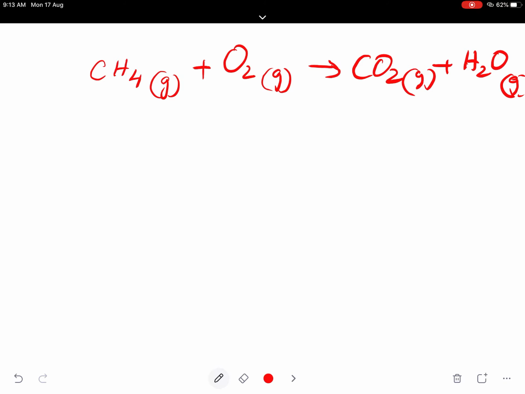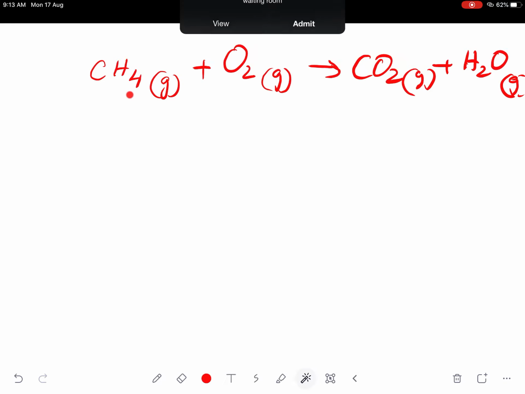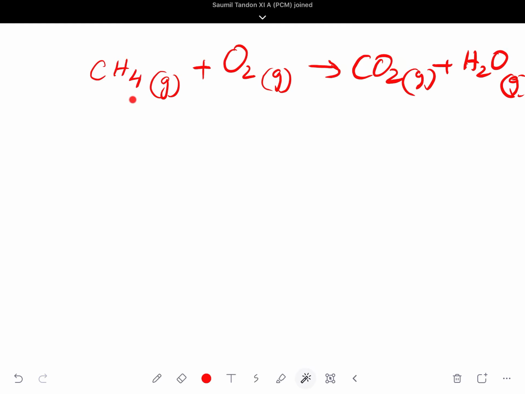First we have to balance this. For balancing, here you can see H4. Here you can see H2. That means here there should be 2 H2O. So I am going to write 2 H2O over there. Now let's see whether carbon is balanced or not.